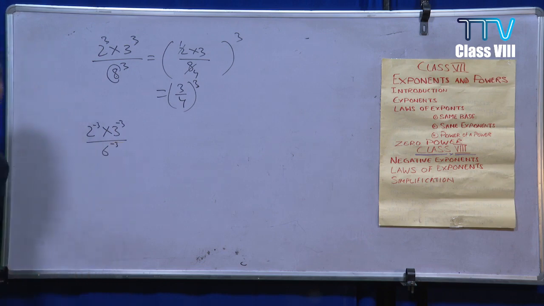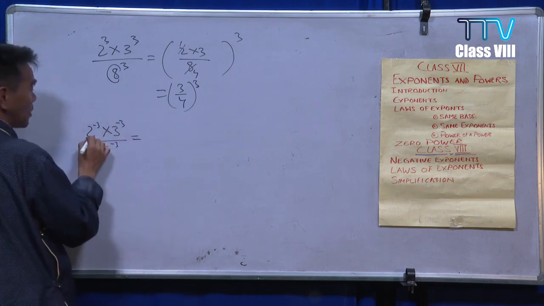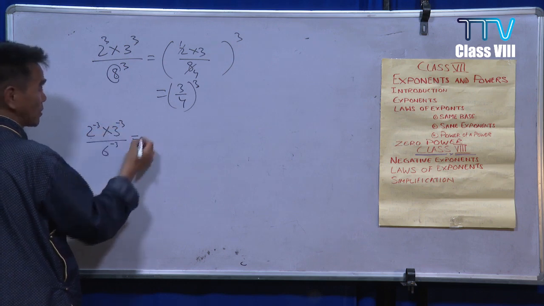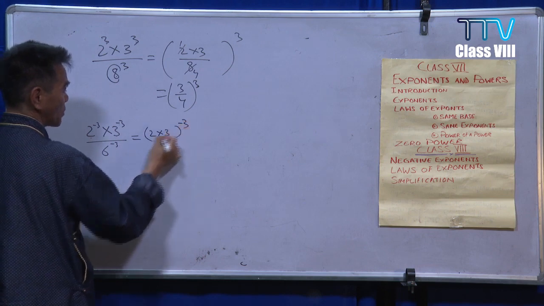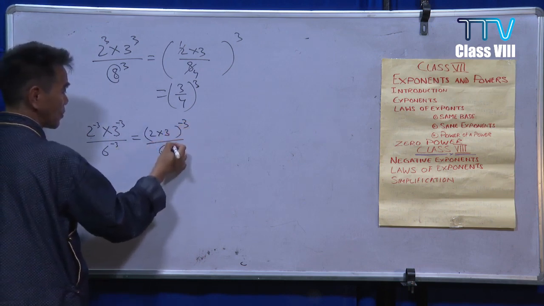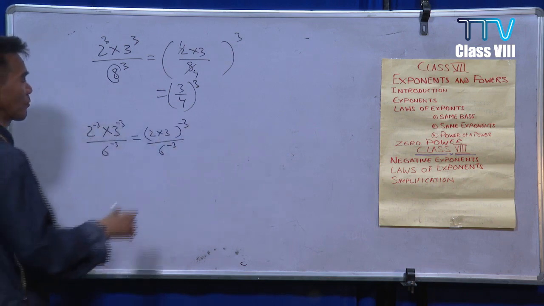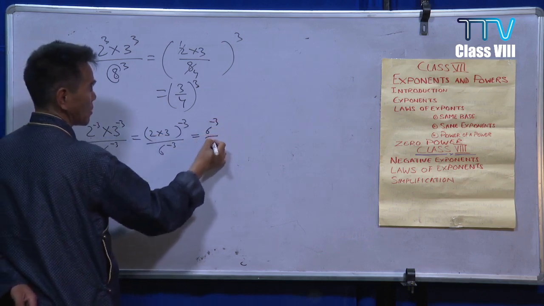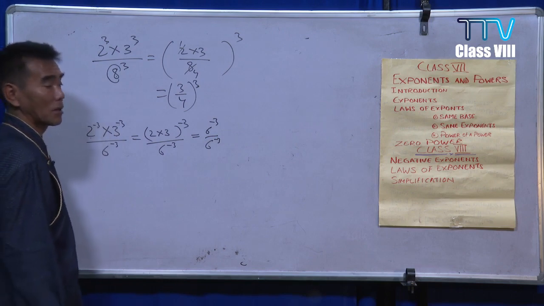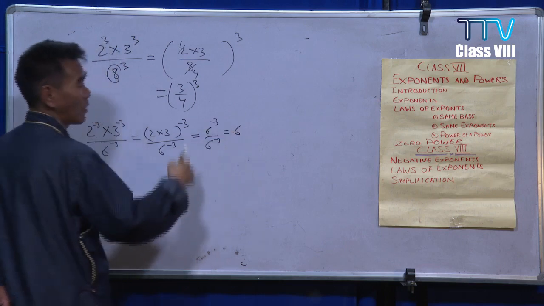The power is the same, negative 3, so we can multiply the bases. Now, the next method: in multiplication, the bases get multiplied, so 2 times 3 is 6, power 3. In division, the powers get subtracted.